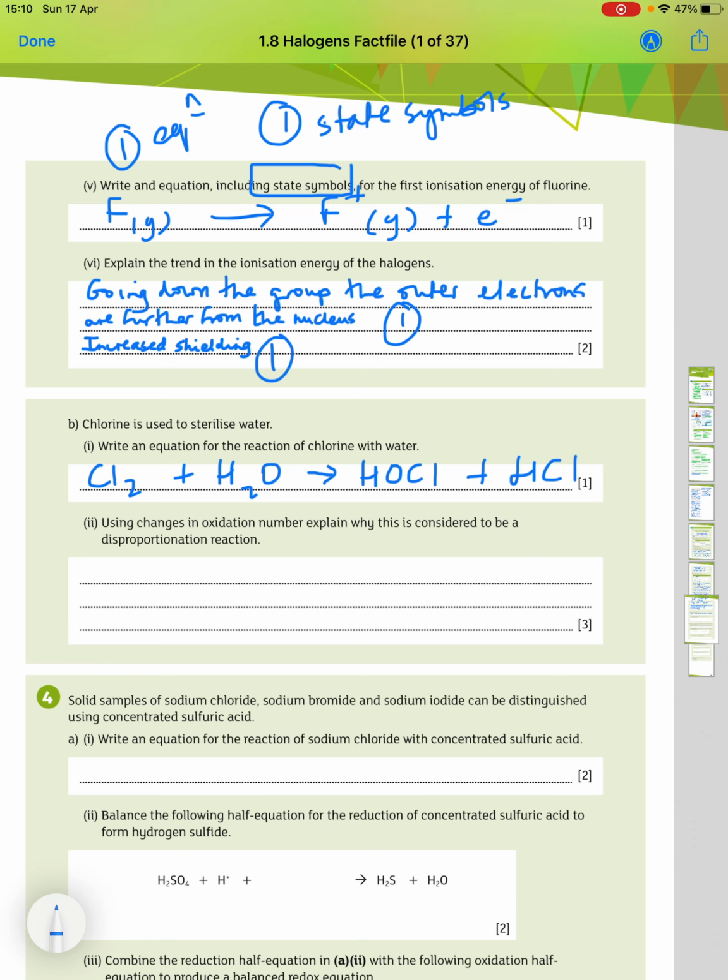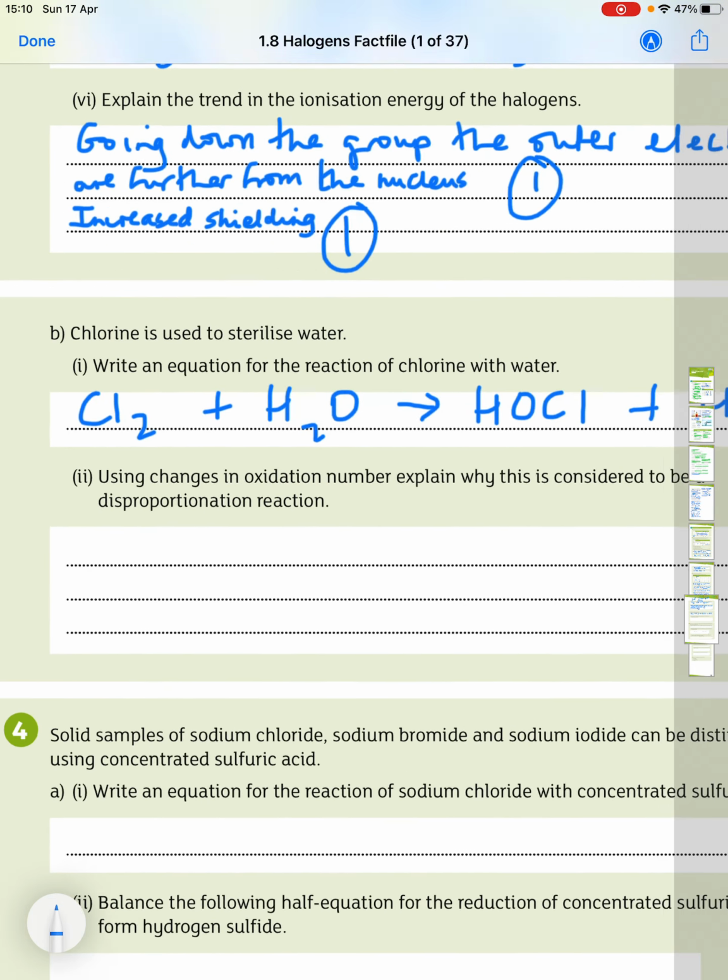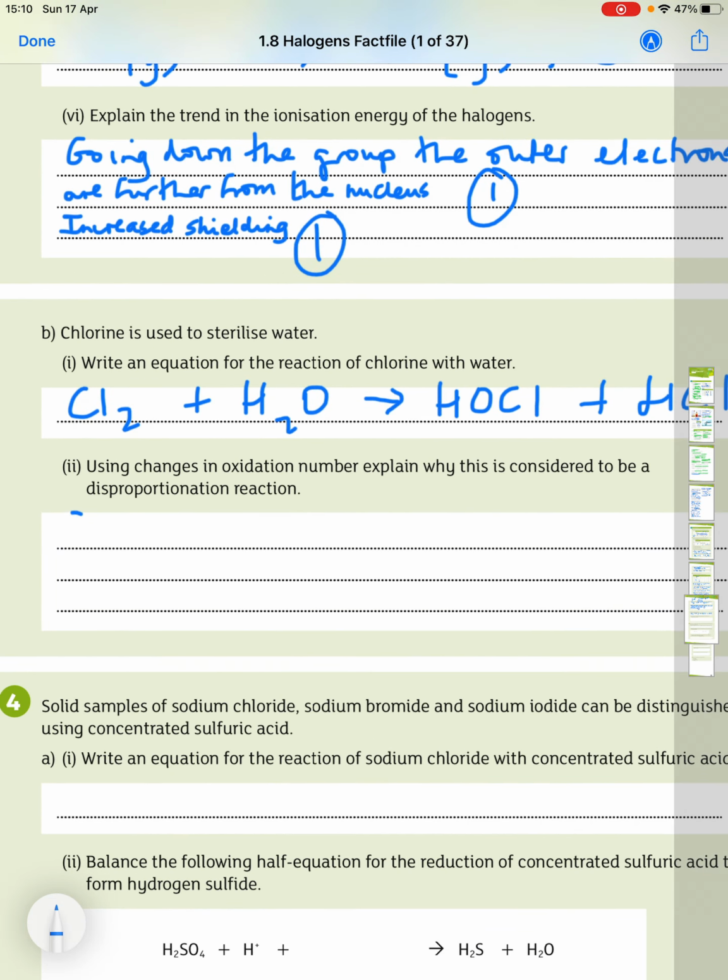So using changes in oxidation number, explain why this is considered to be a disproportionation reaction. So if we look at the Cl2, chlorine in there is 0. In the HOCl, it is +1. And in the HCl, it is -1. And you get 1 mark for all of those oxidation states being correct.